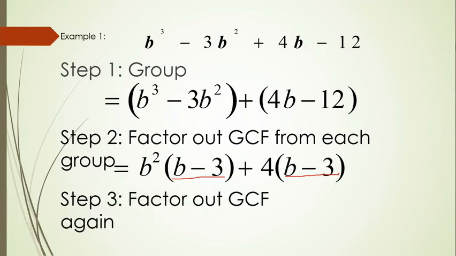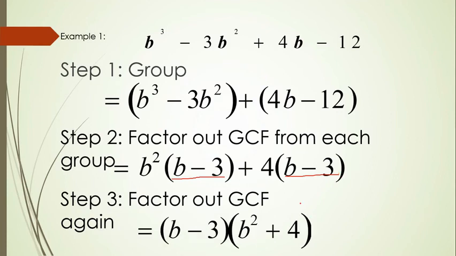So in step 3, we're going to factor out the GCF again. What we're really factoring out is that b minus 3. And then we put the b squared and the 4 together into the second binomial. And that is group factoring.